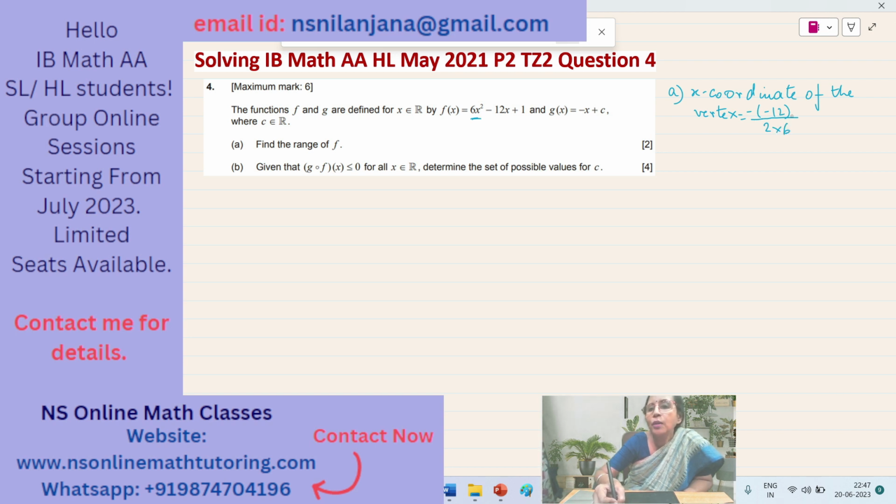So minus of minus 12 is plus 12 and 2 times 6 is 12. So this is equal to 1. The x coordinate is 1. And what is f of 1? f of 1 is 6 times 1 squared minus 12 times 1 plus 1. 6 minus 12 is minus 6 plus 1 is minus 5.